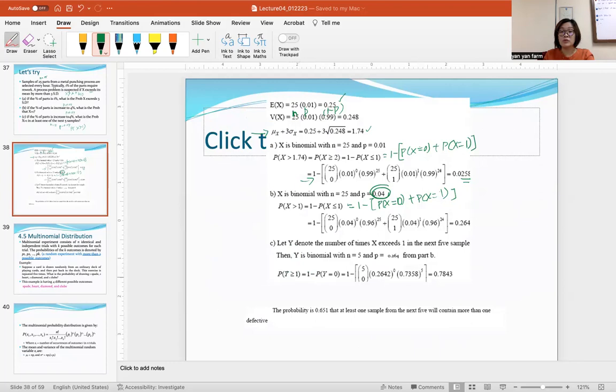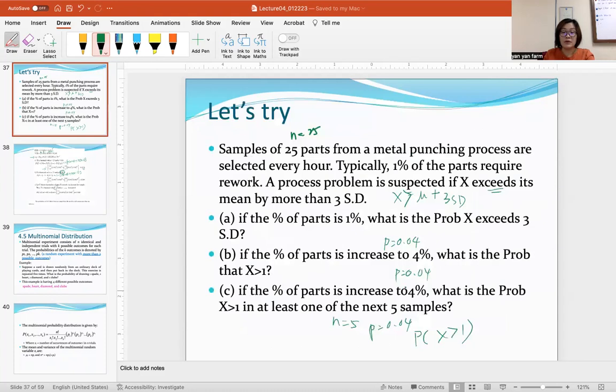It's still binomial, and my n is 5 instead of 25, and my successful rate now is, because I am sharing the successful rate the same as the B, correct?